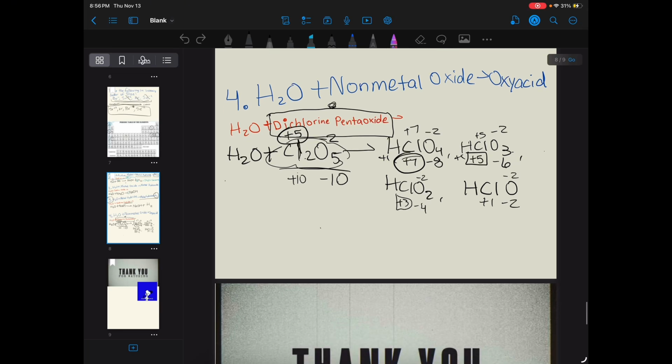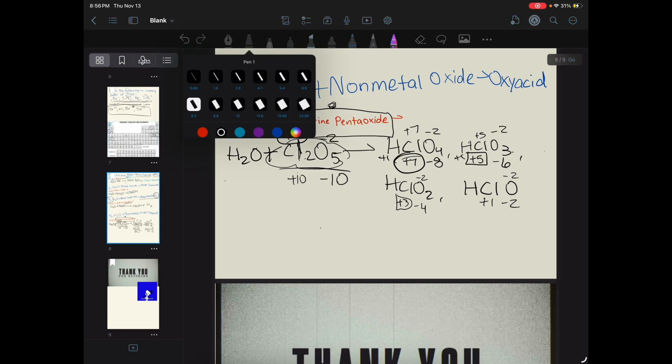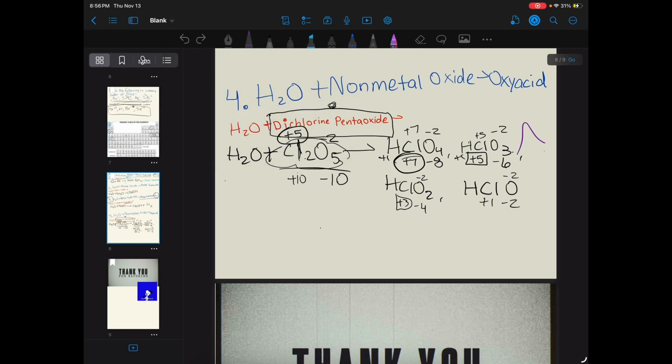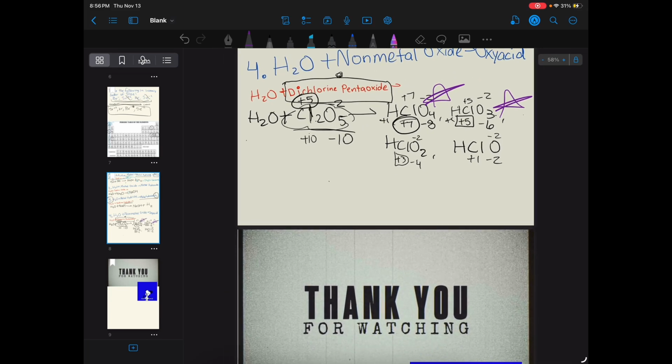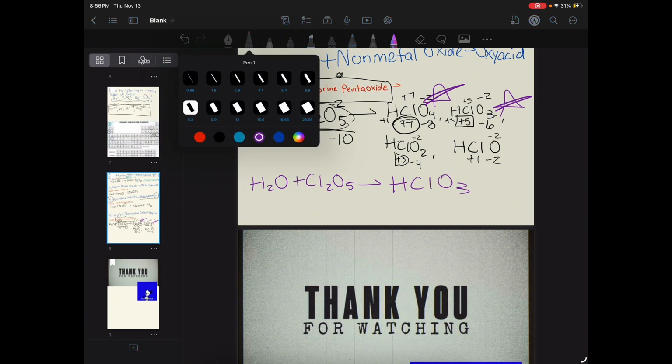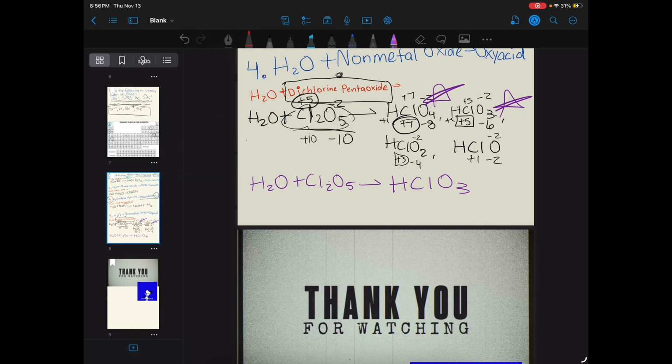So the one that worked out for us, I'll put it in a nice purple color, why not, would be the HClO3. So I would just rewrite this as H2O plus Cl2O5 equals HClO3.